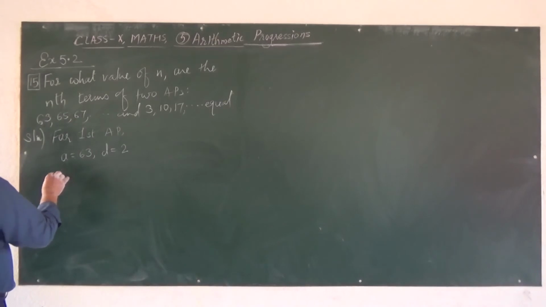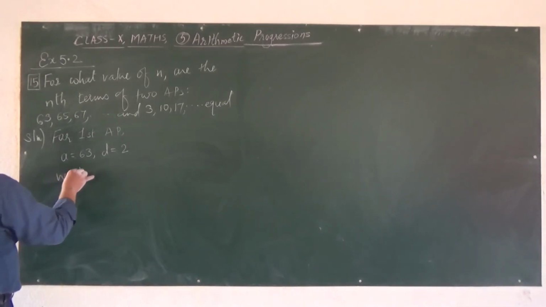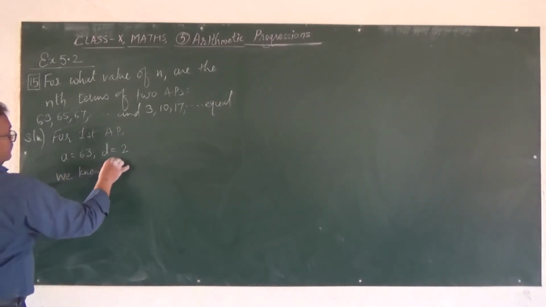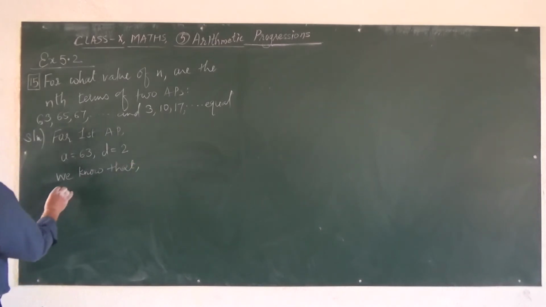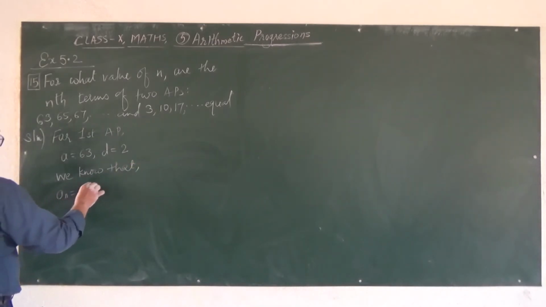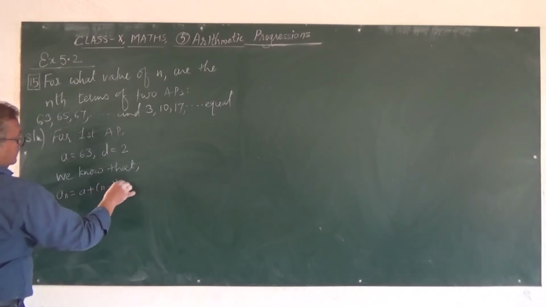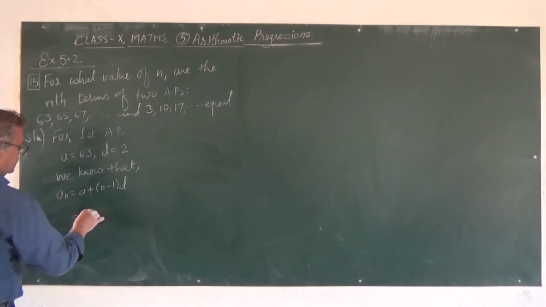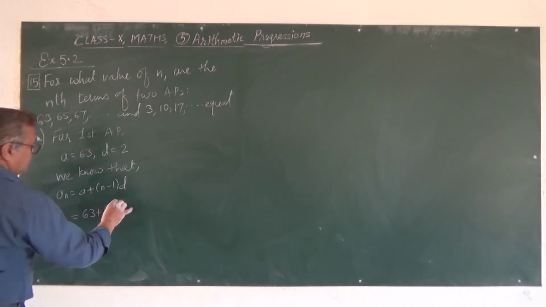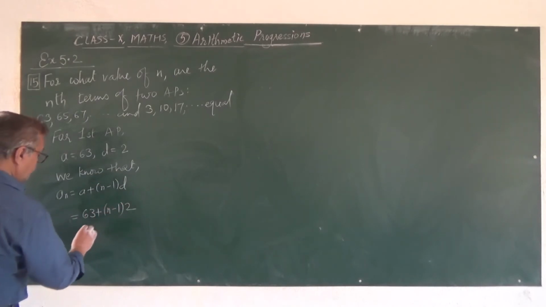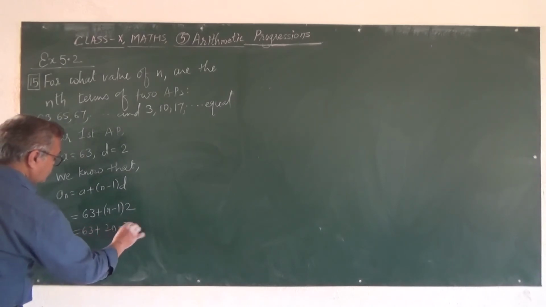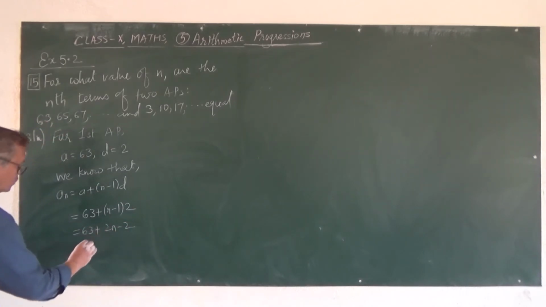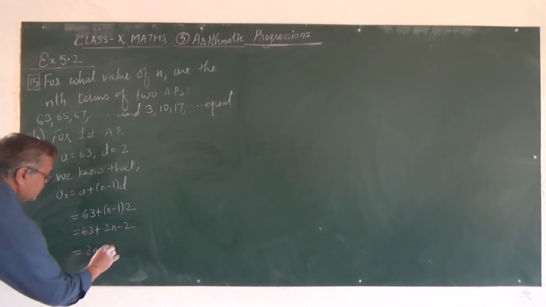So an is 63 plus n minus 1 into 2, which is 63 plus 2n minus 2, so 2n plus 61.